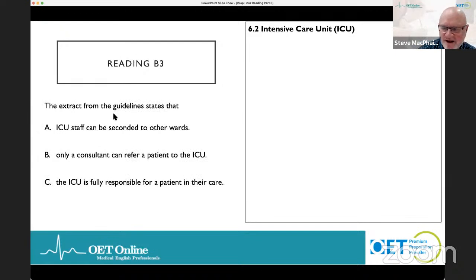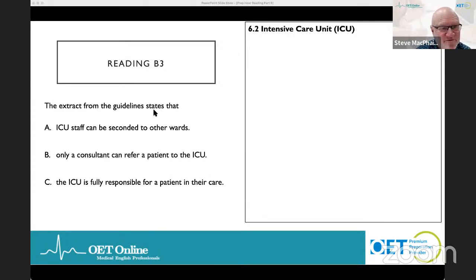The extract from the guideline states that... Interesting. Someone says this one is easier than the previous one. I think it depends also on vocabulary. Maybe the other one had a little bit more complicated vocabulary, or your area. But yeah, very fact-based.